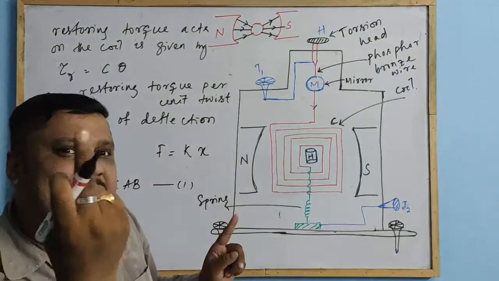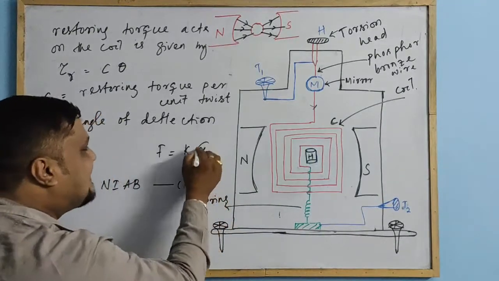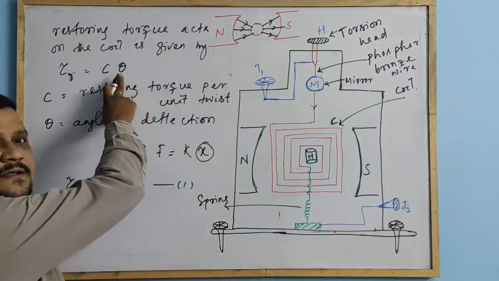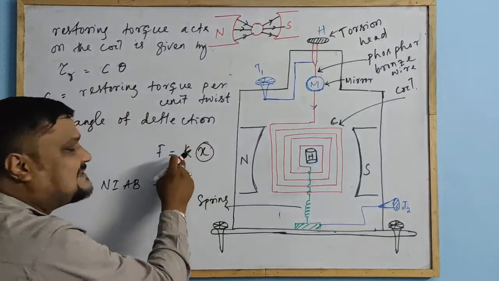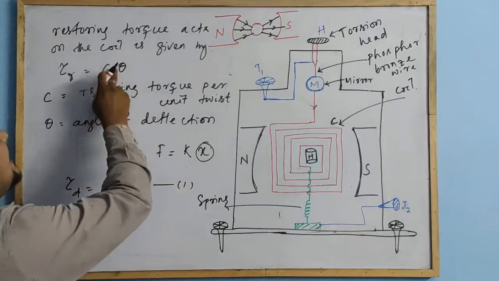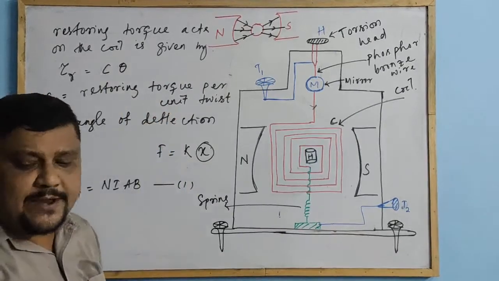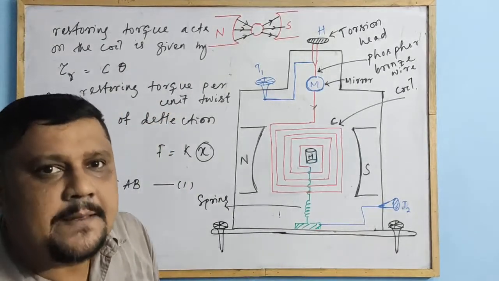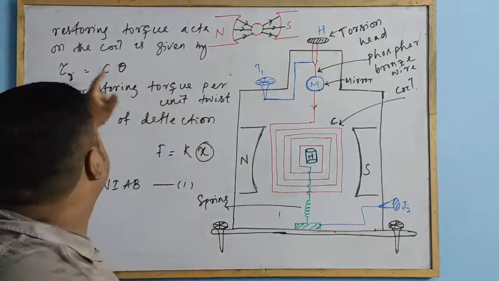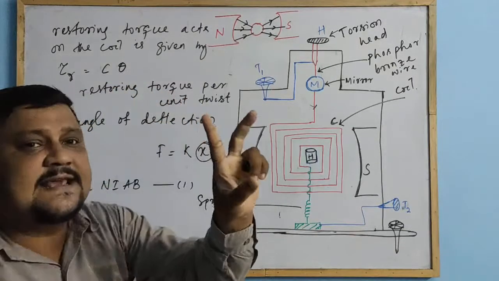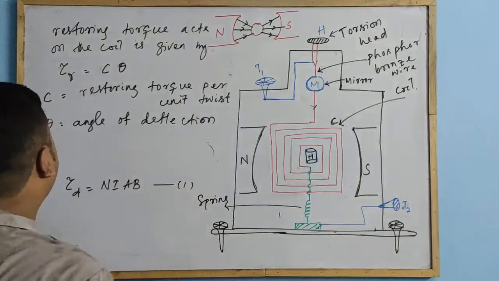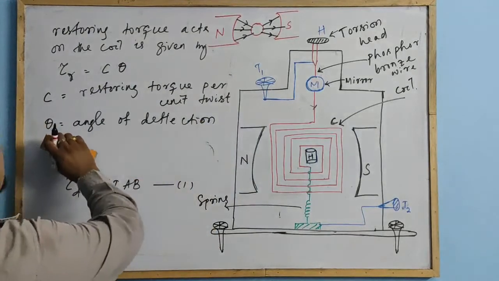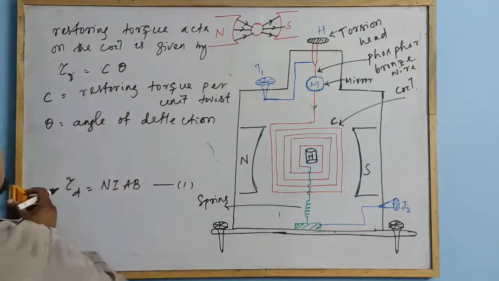But here the spring is rotating, so in place of X there will be the angular displacement theta, the angle of deflection, and in place of the force constant K, there is the restoring torque per unit twist. That is the difference. Because it is a rotational motion, tau r is equal to C theta. Clear? Okay, so this is equation number 2.